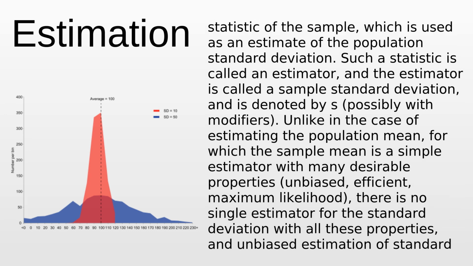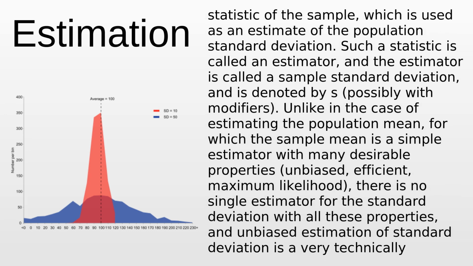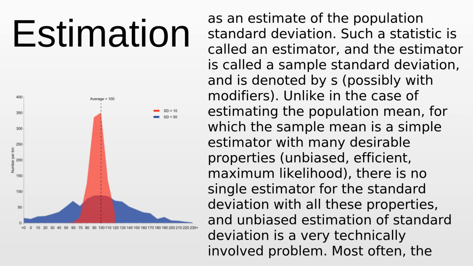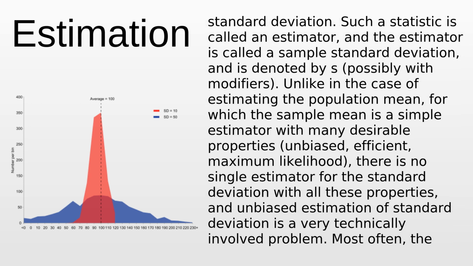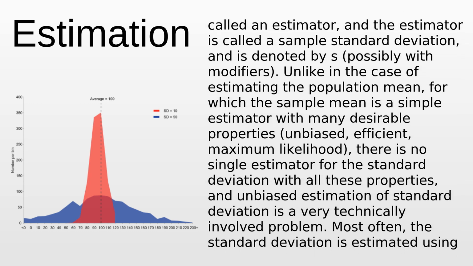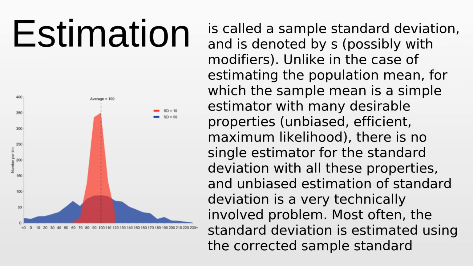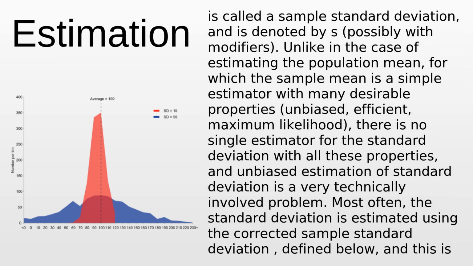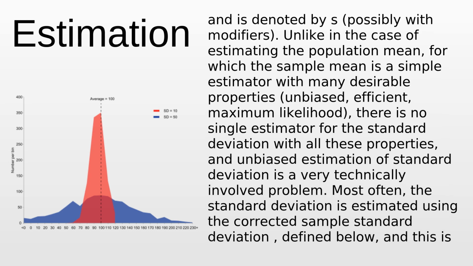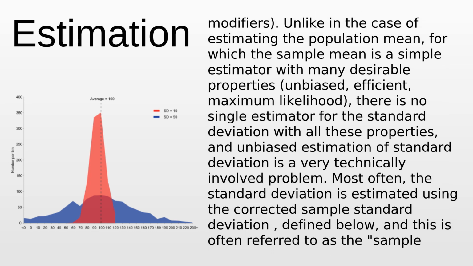Such a statistic is called an estimator, and the estimator is called a sample standard deviation, and is denoted by S, possibly with modifiers, unlike in the case of estimating the population mean, for which the sample mean is a simple estimator with many desirable properties.